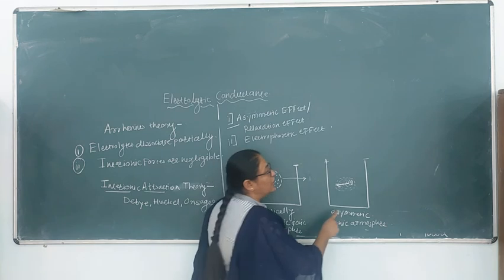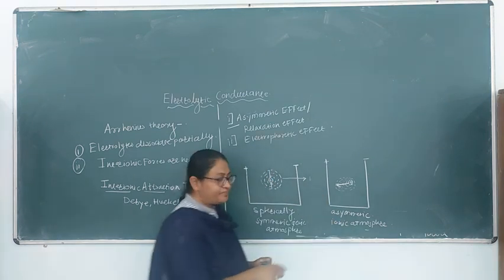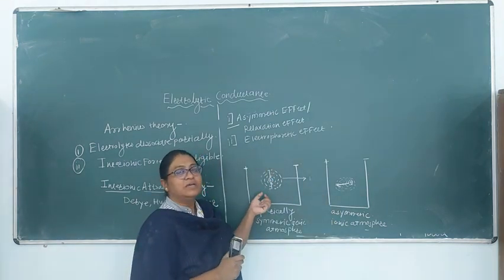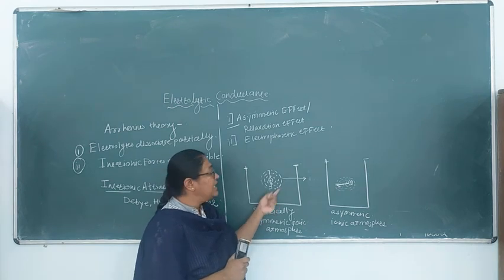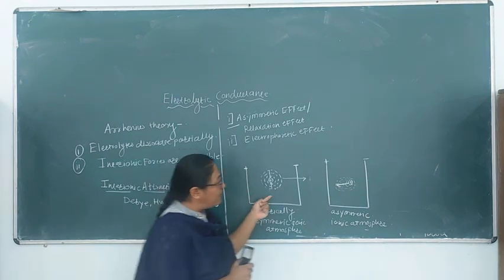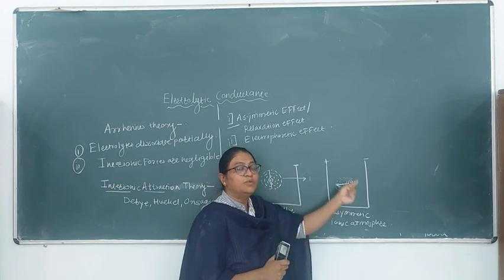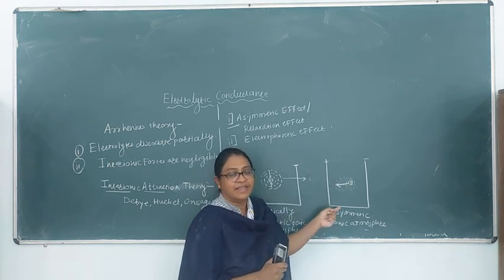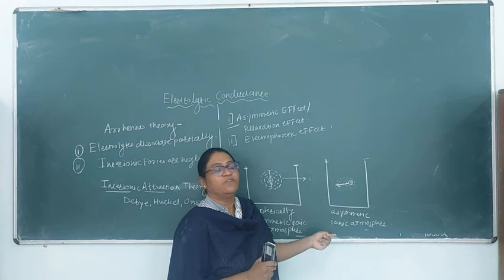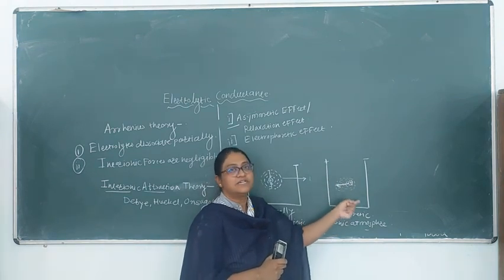So this is what is called the asymmetric effect. In the absence of the electric field, the ionic atmosphere is symmetric. When you apply the electric field, the atmosphere becomes asymmetric. Hence it is called the asymmetric effect. The ionic atmosphere becomes asymmetric.